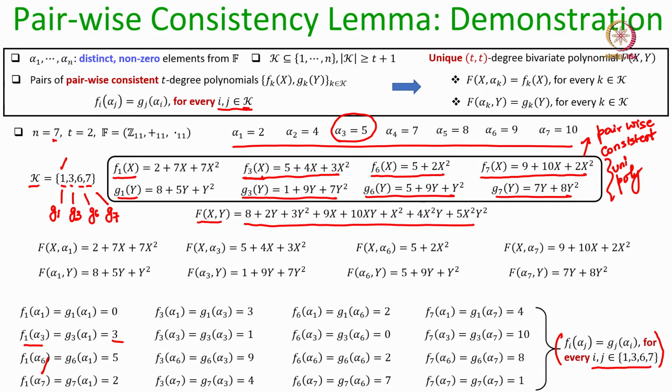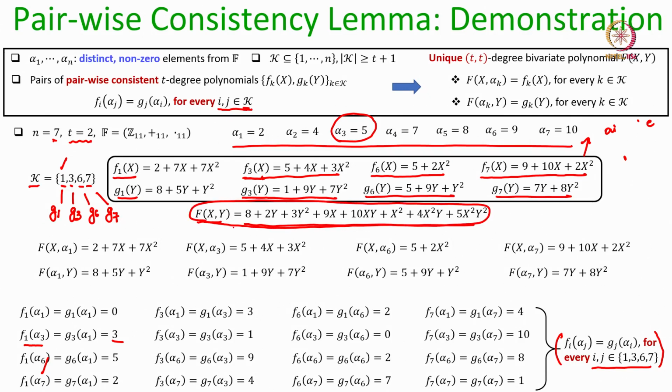You can again verify that; I am not going through the whole calculation. So, what we have shown here is that, by the way, I am giving you more than t plus 1 pairs of pairwise consistent polynomials here. I have given you 4 pairs of pairwise consistent x and y univariate polynomials, then passing through them I can interpolate a unique bivariate polynomial.